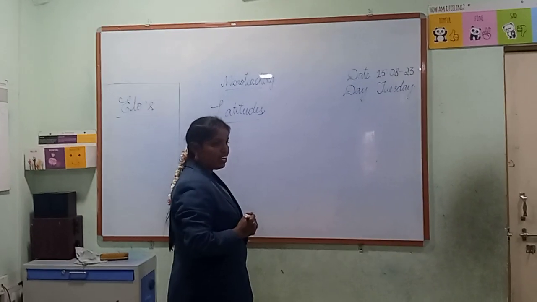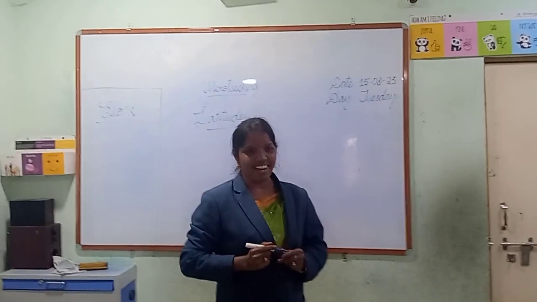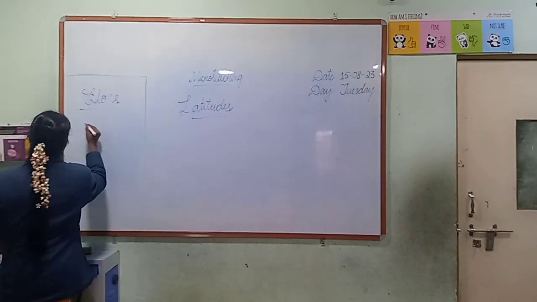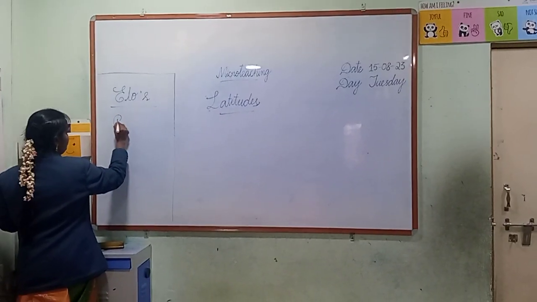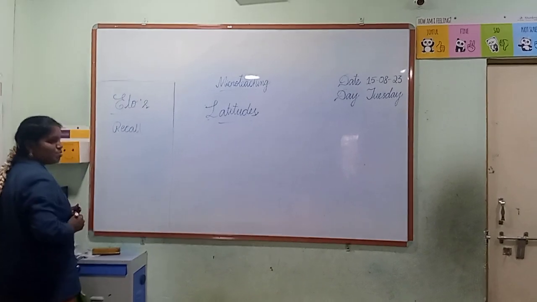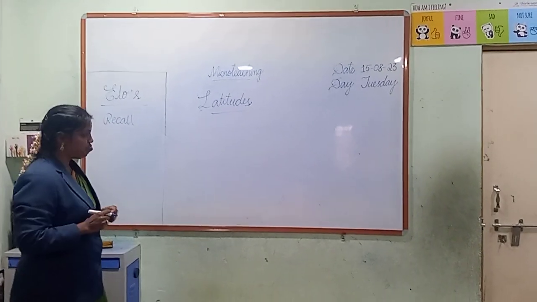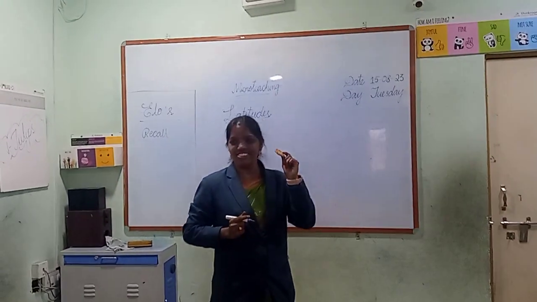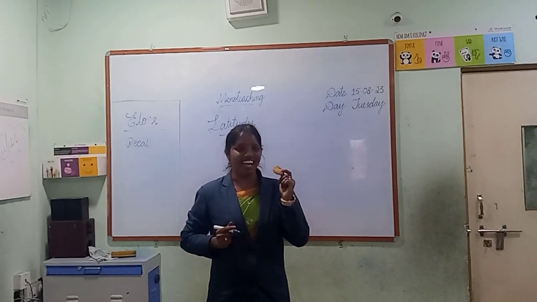So today I am going to explain about latitudes, right? For this topic, we will recall the previous knowledge about the lines. Children, have you ever thought that this Good Day biscuit is also helpful to learn something in our life? No, ma'am.